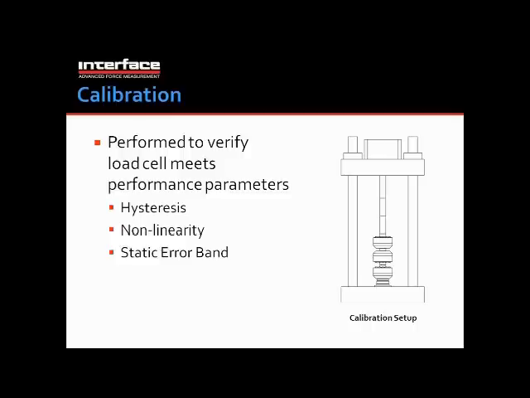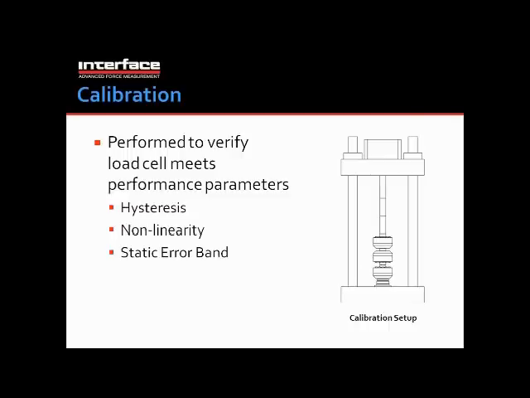So after temperature compensation, what we basically do is run the calibration procedure on every load cell. What I have here is an image of a typical calibration setup. We place a load cell on top of a standard, and then we take measurements of the output signal of the load cell.